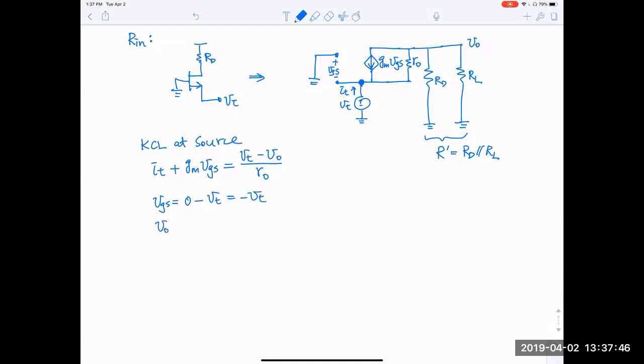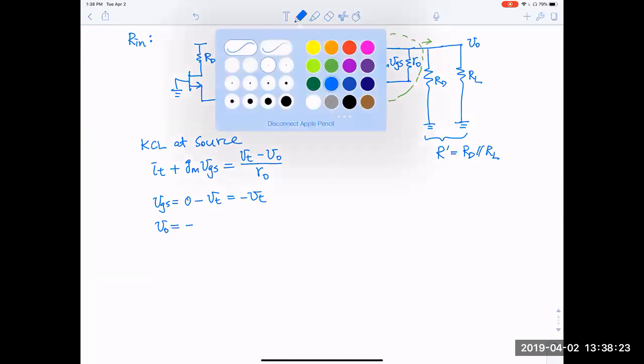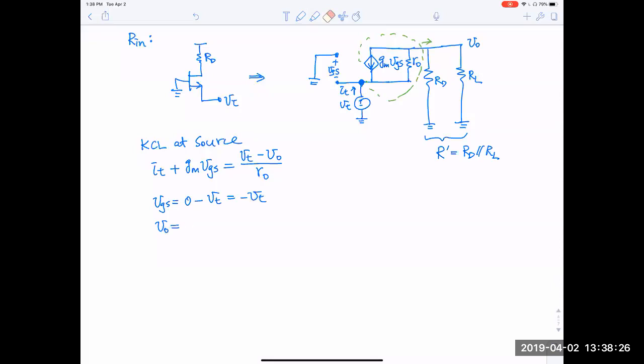What about V out? V out is equal to minus the total current that goes through R prime, the parallel combination of RD and RL. As in the previous derivation for the current gain, all the current that flows through the entire dotted circle must also flow out of this circle. So the current that goes through both RD and RL is simply equal to IT.